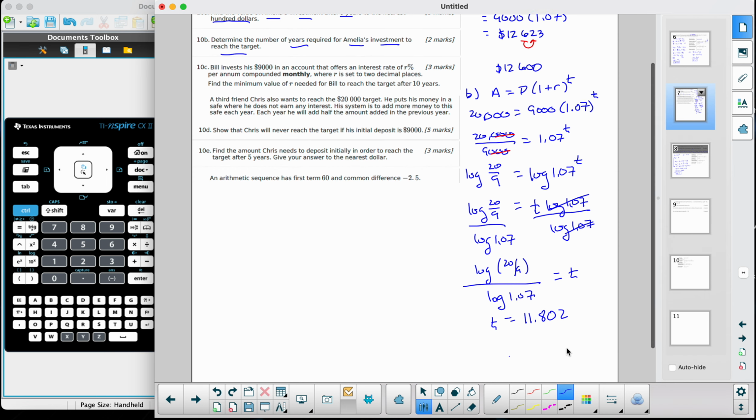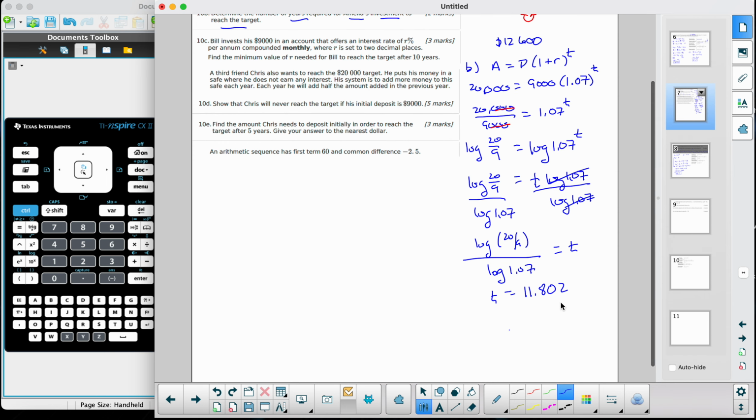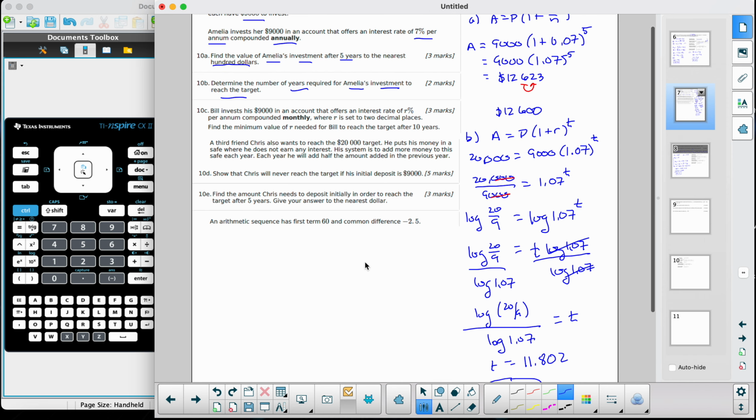So it's not calculated in the middle of the year. Again, check with your teacher to see if 11.802 would be acceptable. But I believe the answer is 12 years because the interest isn't calculated till the end of the year. But check with your teacher as to what IB has on that.